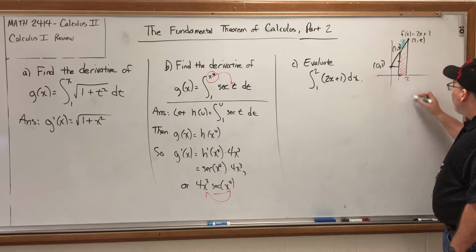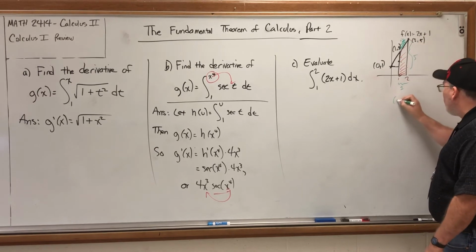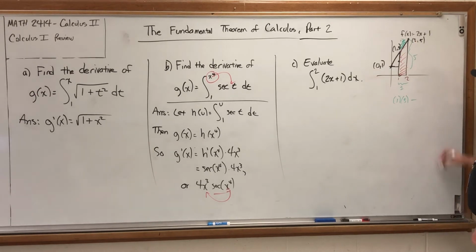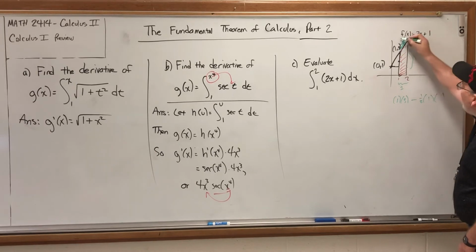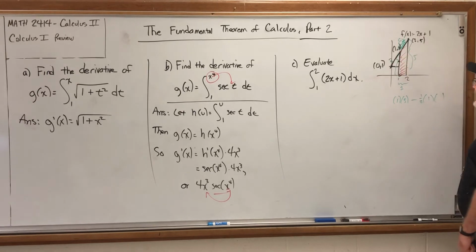The area of the rectangle is the length, which is 1, times the height, which is 5. So it's 1 times 5 minus the area of the triangle. But the area of the triangle is 1/2 times its base times its height. Its base is 1. How tall is its height? Well, this is 3, the total thing is 5, 5 minus 3 is 2, so if you clean all that up, you get 5 minus 1, which is 4.